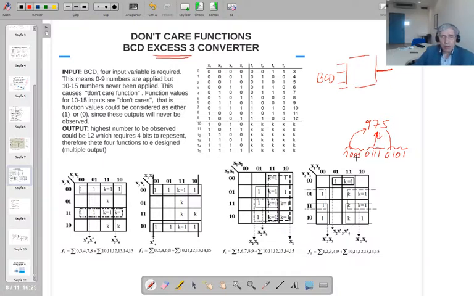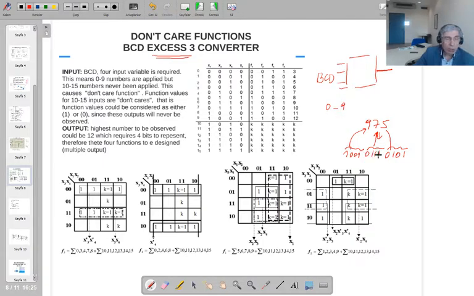So let's come to the reality now. When we said binary coded decimal input is the input to this circuit, you are talking about these digits in binary. So the highest binary numbers that you're going to observe at the input of this circuit are between 0 and 9, isn't it?